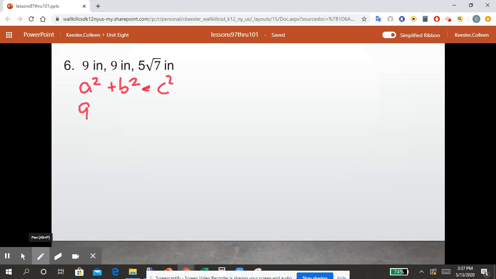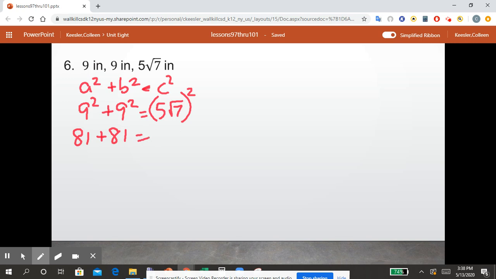So now we have 9 squared plus 9 squared equals 5 square root 7 all squared. Another way of saying square root is radical, so don't be confused if you hear me say that instead of square root. So now we know 9 squared is 81.